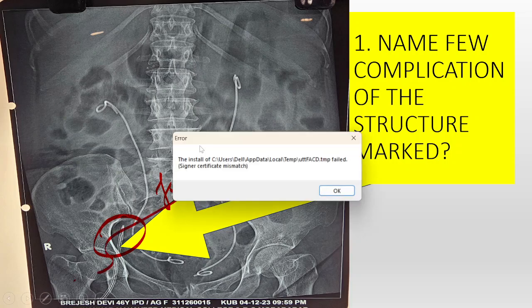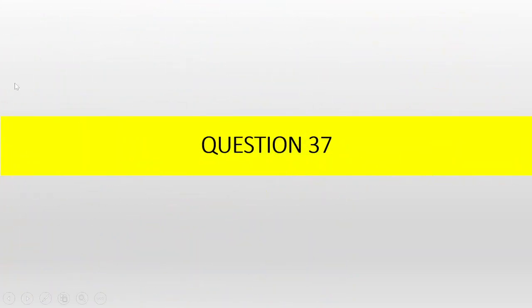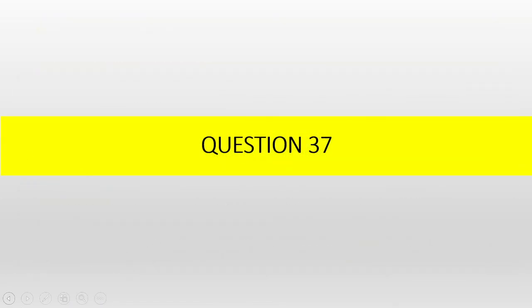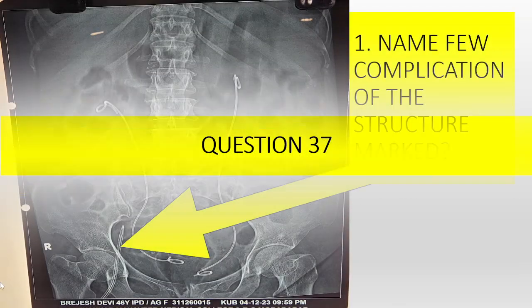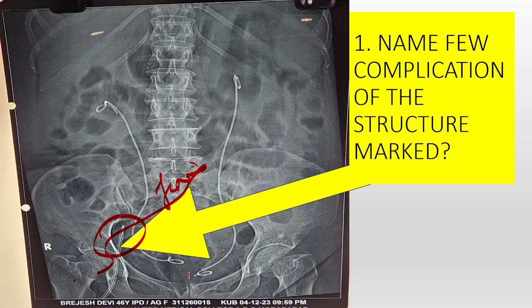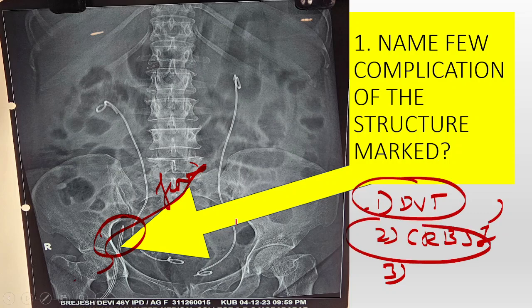Name a few complications. The most common complication is DVT, then catheter infection, which is called CRBSI and leads to sepsis, and any kind of arterial injury while inserting. But once the insertion is done, the most common is DVT with a femoral hemodialysis catheter.